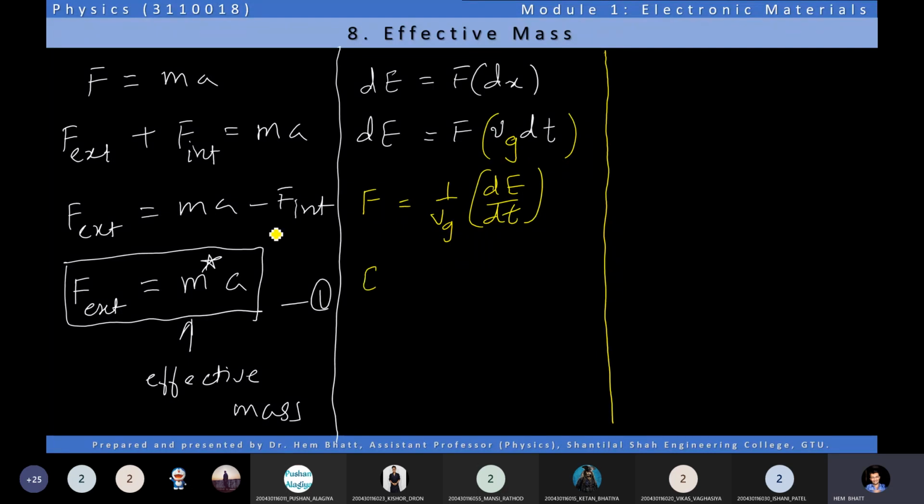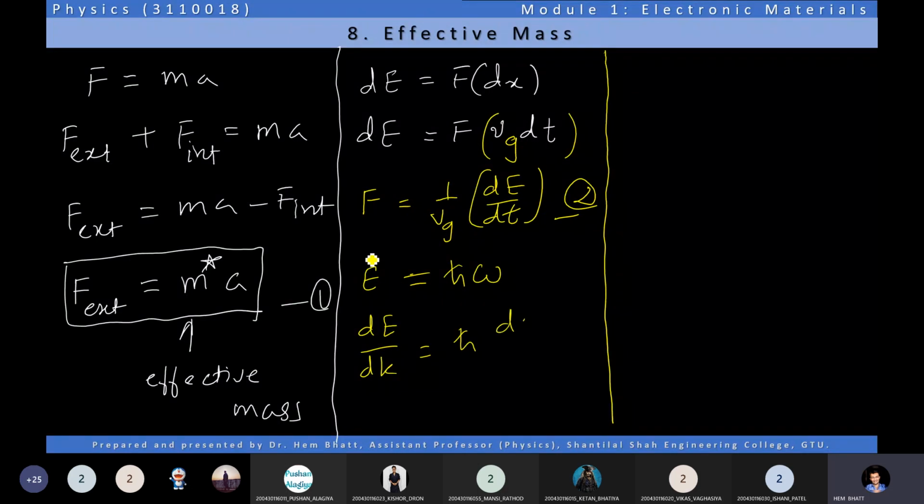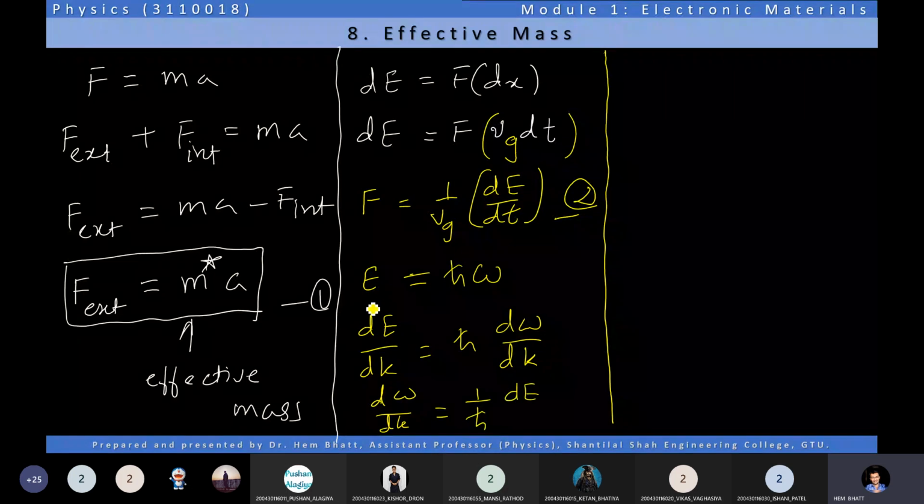Now we know that energy is h cut omega. So if I take dE by dk, let this be the second equation. It is h cut d omega by dk, and hence d omega by dk is 1 by h cut dE by dk.